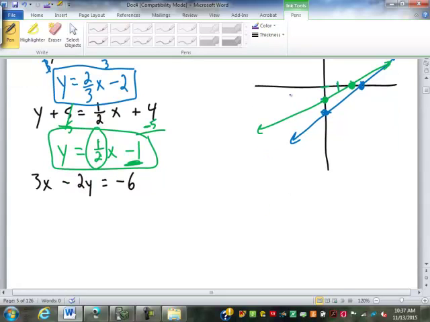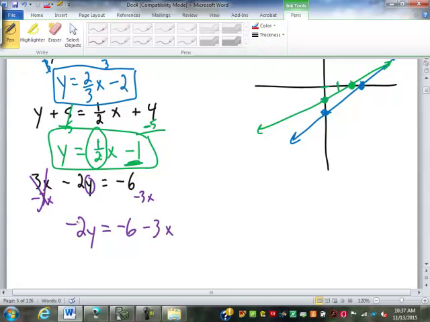This last one now has a lot of things going on. To get y by itself, we have to get rid of the 3x and we have to get rid of the negative 2. The 3x has been added to it, so we're going to subtract 3x to make it go away, leaving us with just negative 2y. Well, if we subtract 3x from negative 6, what we have is negative 6 minus 3x.